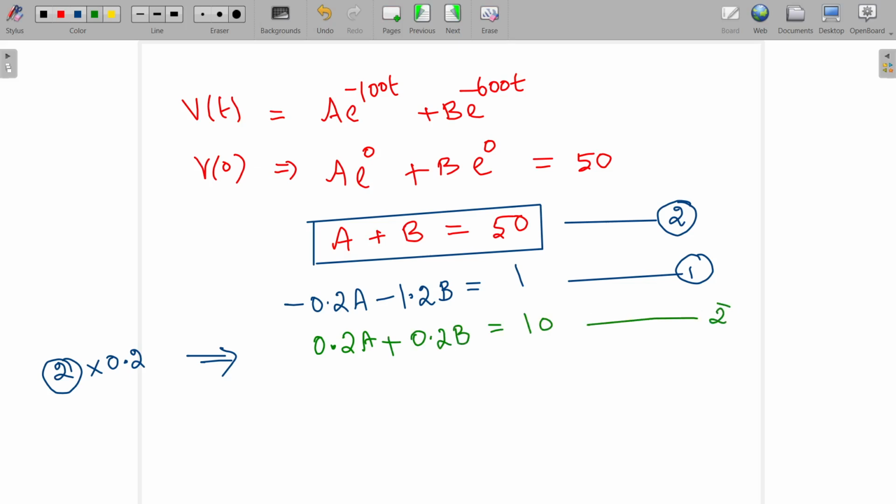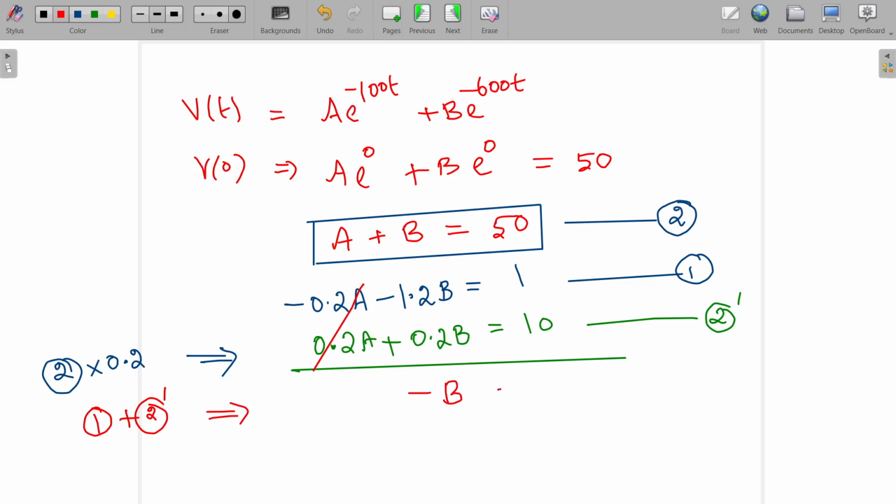This can be taken as 2 dash, the modified form of the second equation. Now I am going to add these two, that is equation number 1 added with the modified form of the second equation. Then these two get cancelled and here we get minus B equal to 11, or we say that B is equal to minus 11.